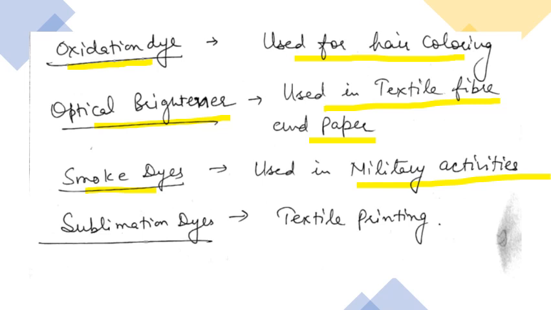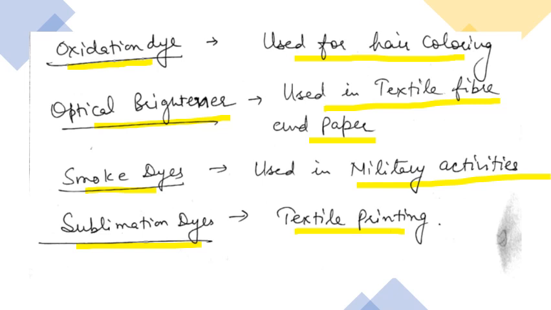And sublimation dyes are used for textile printing. In the printing process, the whole cloth is printed by this sublimation so that it can easily give the color by vaporizing.